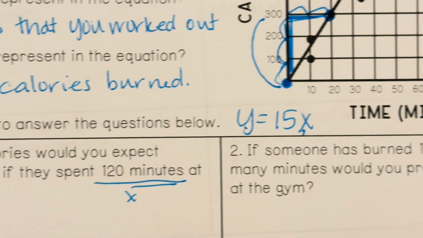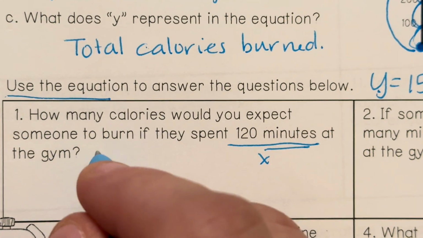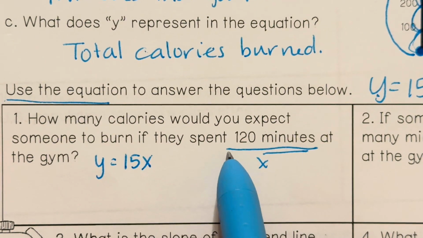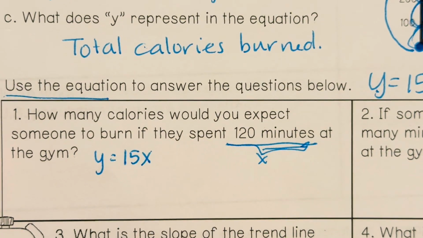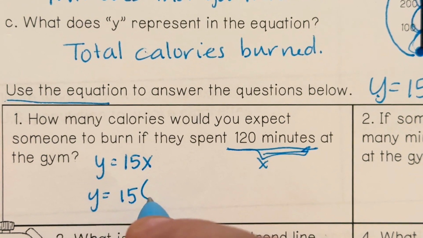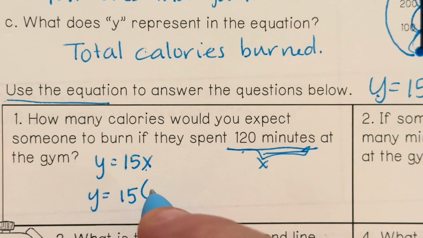I'm going to zoom in just a little bit. So I'm going to use that same equation I had, y equals 15x. But in this case, I know x. So I'm going to put y equals 15 times, instead of x though, I'm going to put 120.